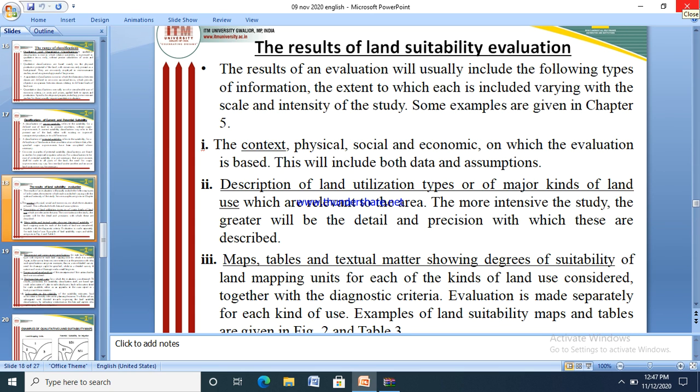Maps, tables and textual matter showing the degree of suitability of the land mapping units for each of the kinds of land use considered, together with the diagnostic criteria. Evaluation is made specifically for each kind of use, and an example of the land suitability map is also given.